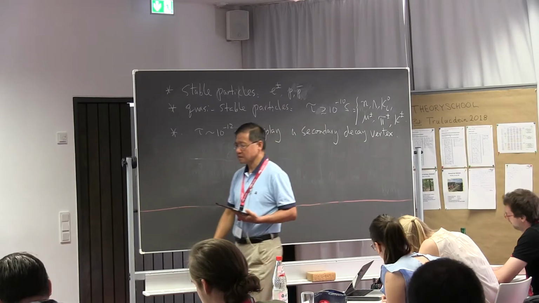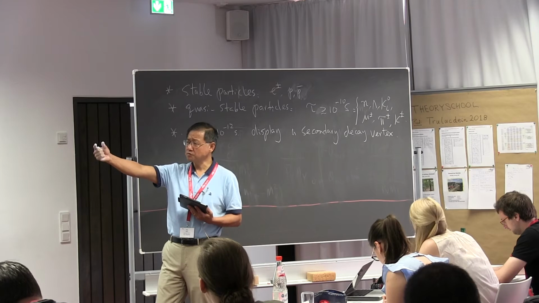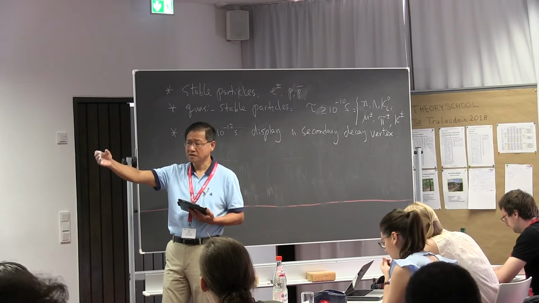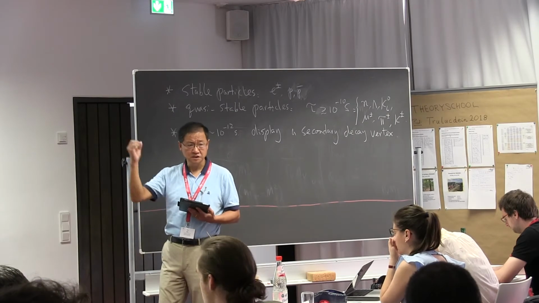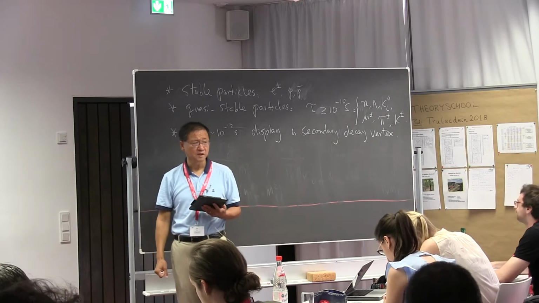They display a secondary decay vertex. It propagates to a notable resolvable distance, and then at the end of the lifetime, decays into some other final state, directly observable and long-lived particles.